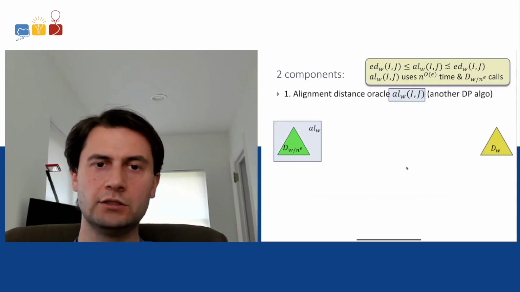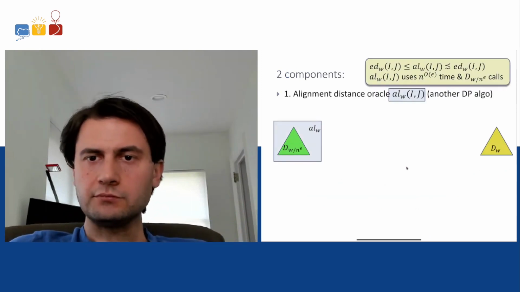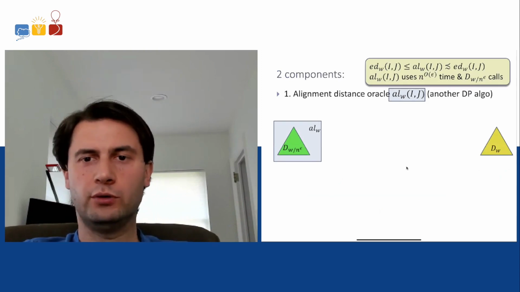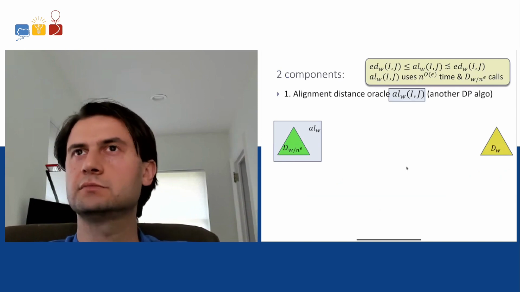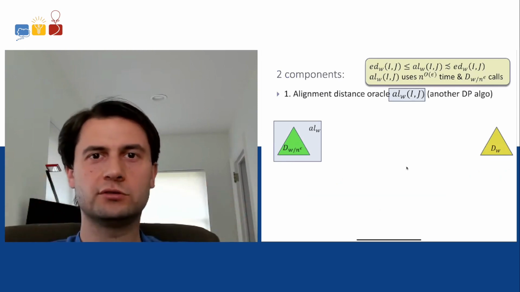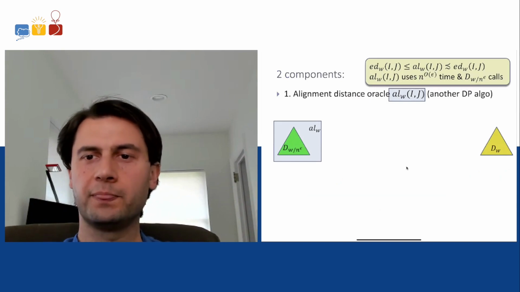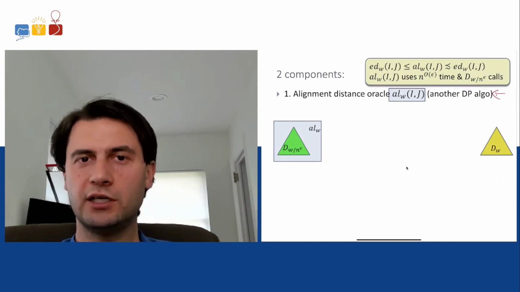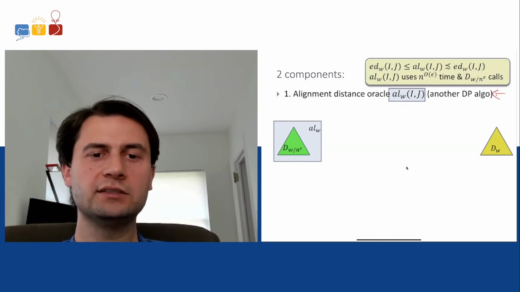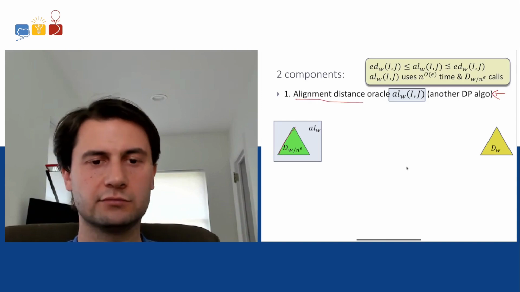Quickly, and this is the last technical slide, there will be two components, corresponding to the two ideas or components of the algorithm that I described before. Part 1 will be the dynamic programming aspect of it. We have what we call an alignment distance oracle.